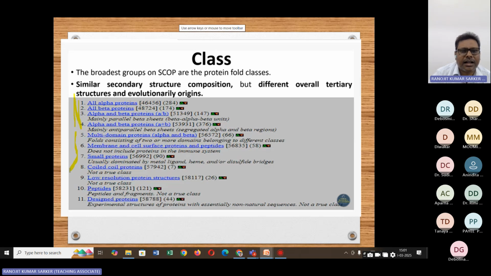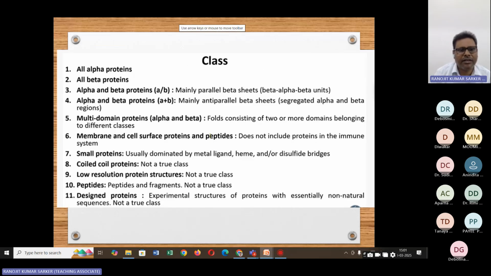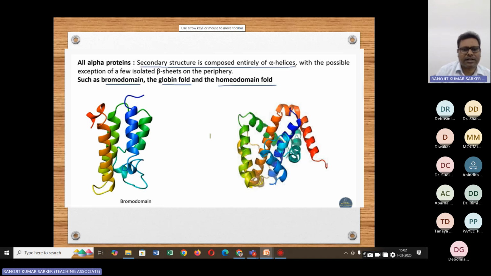There are some other classes which are not true classes, small classes of multi-domain proteins and membrane and cell surface proteins. Otherwise, all the proteins are mostly classified into these four classes. So these are the 11 different classes.